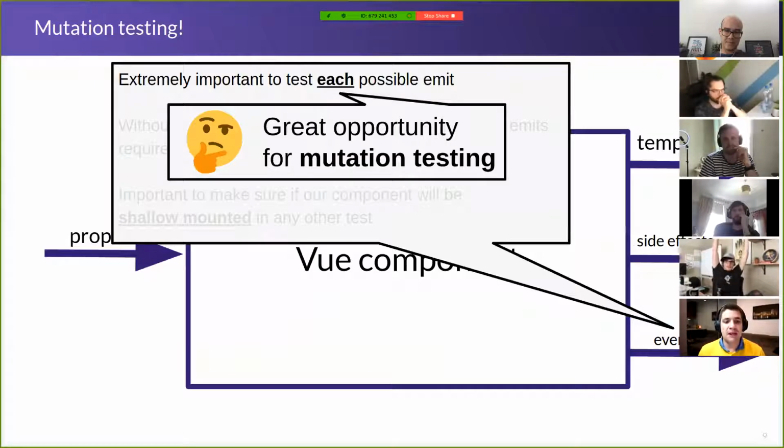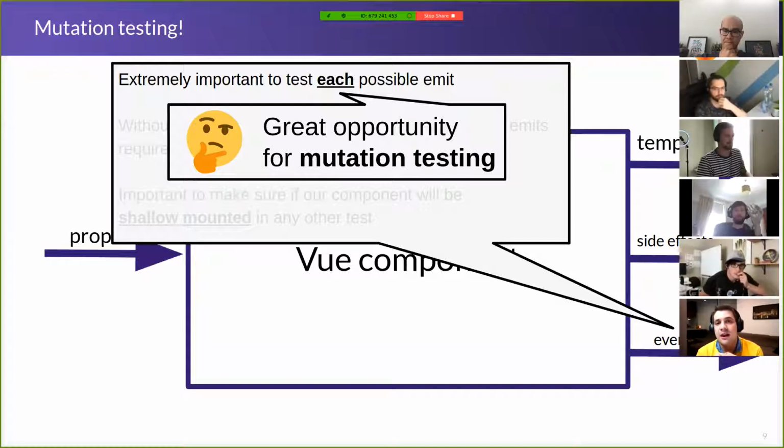Spoilers: when we speak about events, it is extremely important to test each possible emit. That means that right now, without emits in Vue 3, in Vue 2, there is no way to describe that this component should emit only these events, and when we are shallow mounting our component in any other test, there is no way to make sure that this event is available.